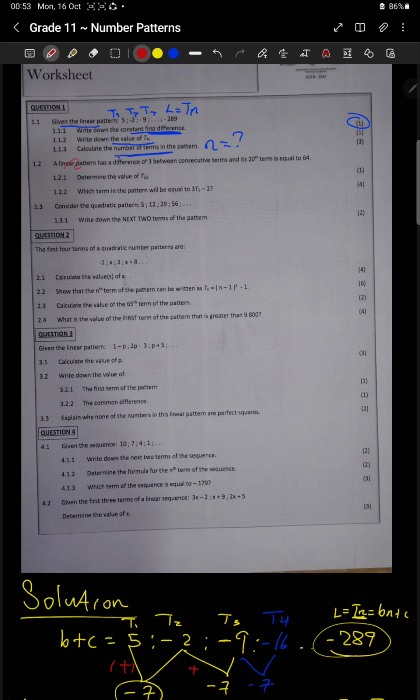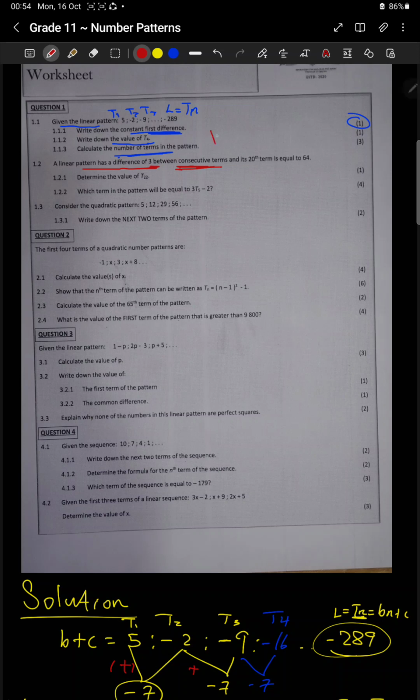1.2. So a linear pattern has a difference of 3 between consecutive terms. What do they mean when they say consecutive terms? They mean that you have maybe the first 4 terms, which have the constant difference or the same difference.